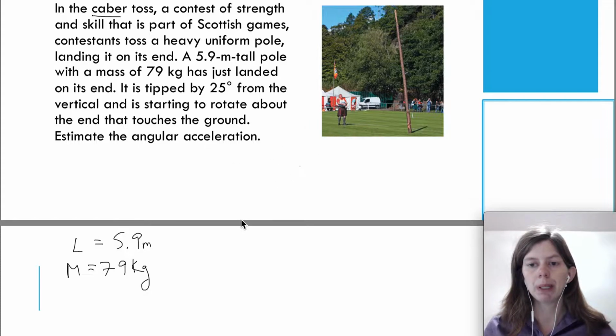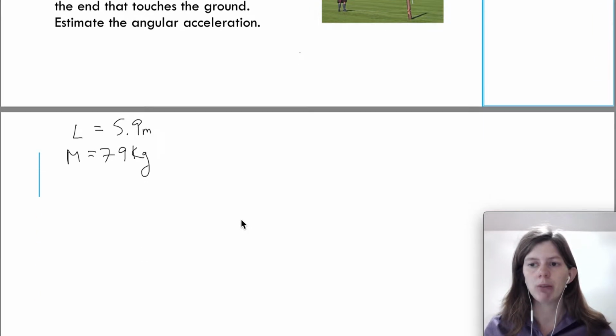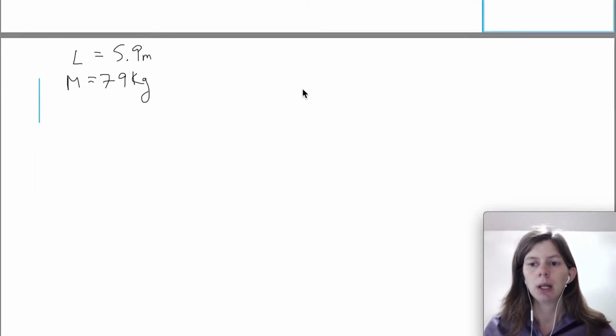So we can draw a picture now so that we have more room here. We have the rod, and I'm exaggerating the angle, but the angle is 25 degrees with the vertical, is what it says.